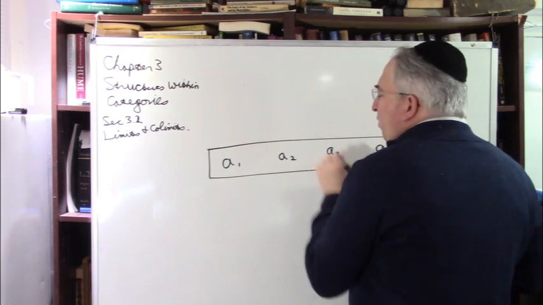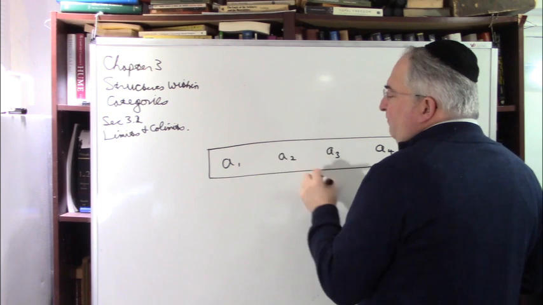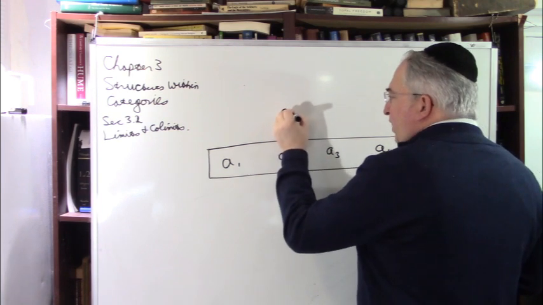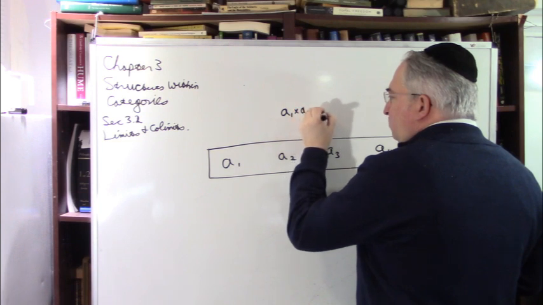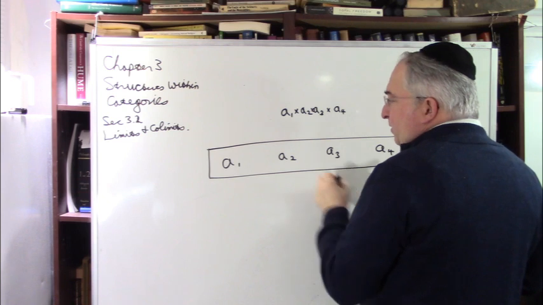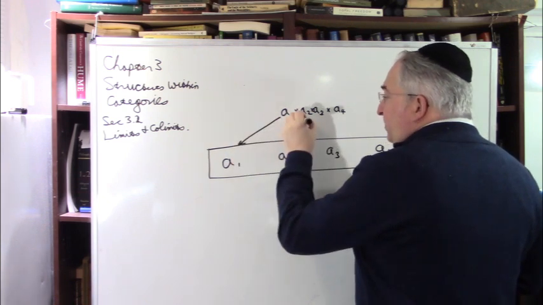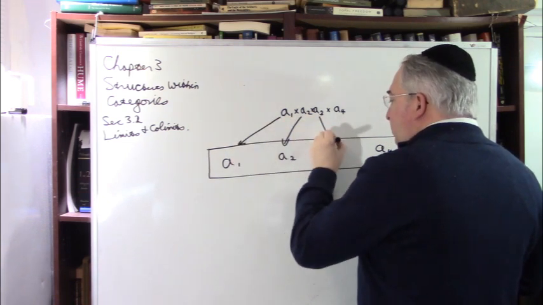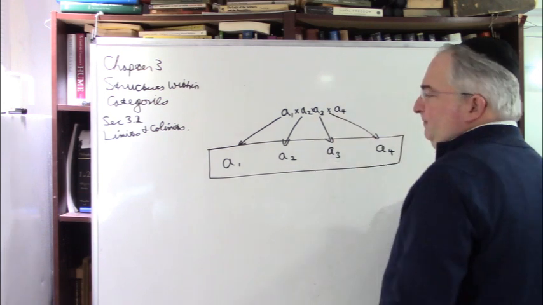Now, what's the completion of this diagram? Well, it's the product with 4 elements.